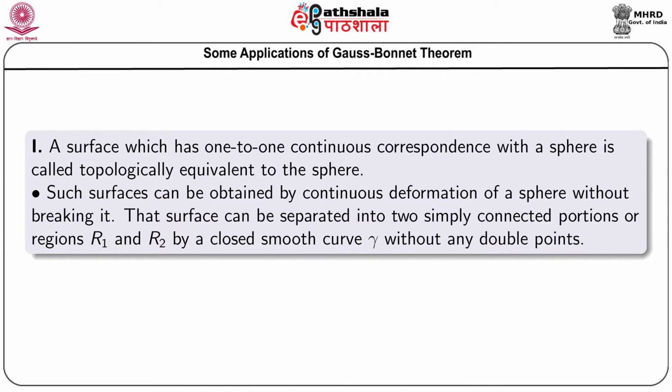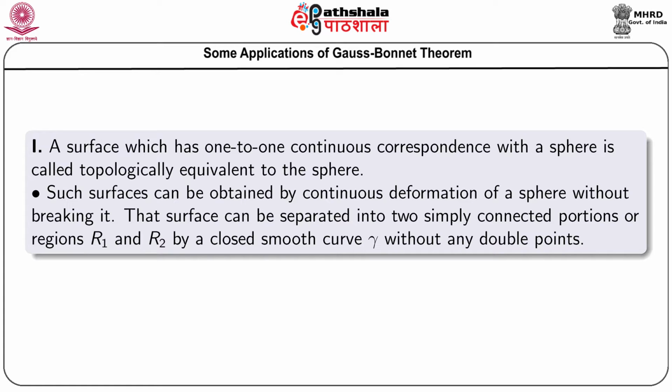So, if we consider a sphere and it is of elastic type, and we just press this sphere, it will deform without breaking, then those surfaces are topologically equivalent to the sphere, and that surface can be separated into two simply connected portions or regions R_1 and R_2 by a closed smooth curve gamma without any double points.